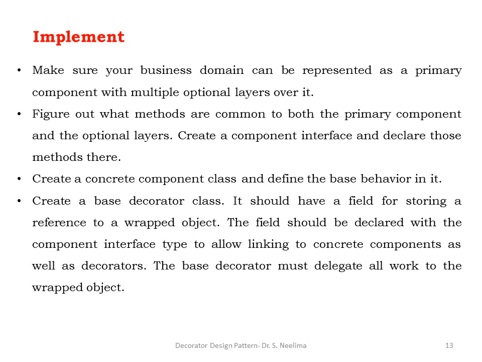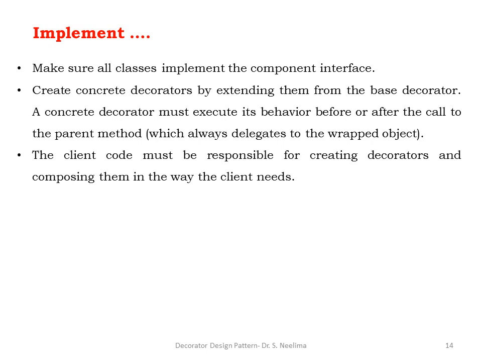Next, we create a concrete component class and define the base behavior. Next, we create the base decorator class, which should have a field for storing a reference to a wrapped object. After that, make sure all classes implement the component interface.